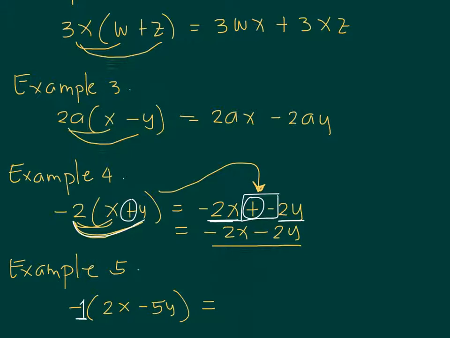If 1 is not written, we should always assume that it's 1 there. So negative 1 times 2x is still negative, so we have negative 2x, and then negative 1 distributed to minus 5y, it's positive 5y. Negative 1 times negative 5y is positive 5y.